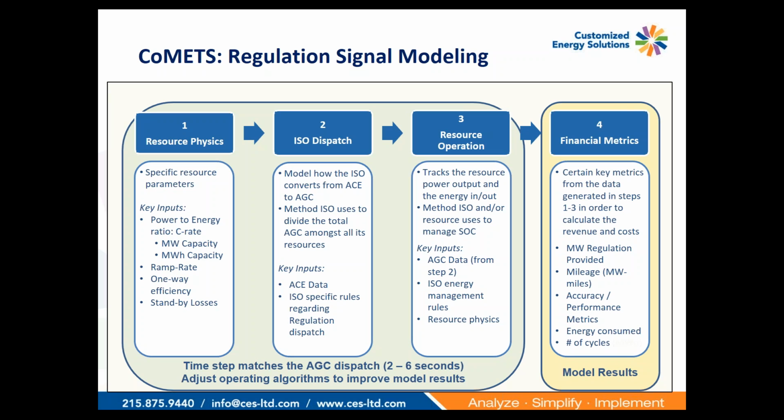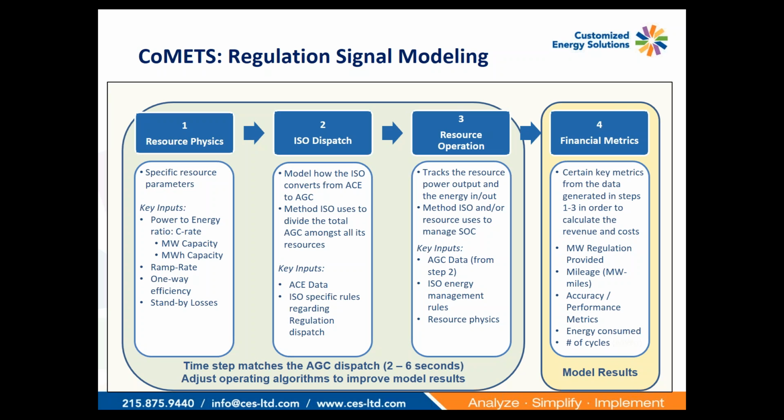So we have simulated that for each market. And then we simulate the resource's response to that AGC signal. The response depends on its technical characteristics, its energy capacity and power rating and so on, and also how the project developer or the owner wants to operate the asset.